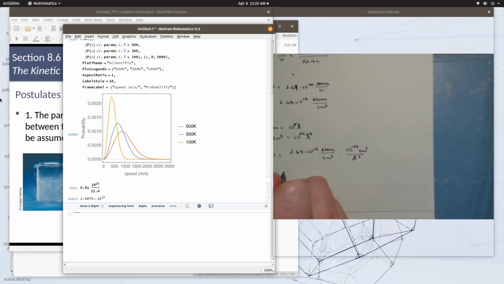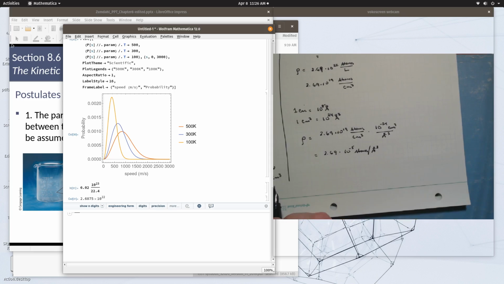And now I can easily multiply this: 2.69 times 10 to the minus 5 atoms per cubic angstrom.